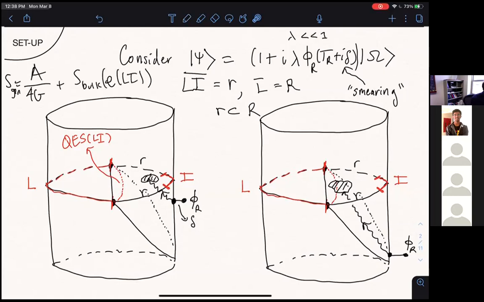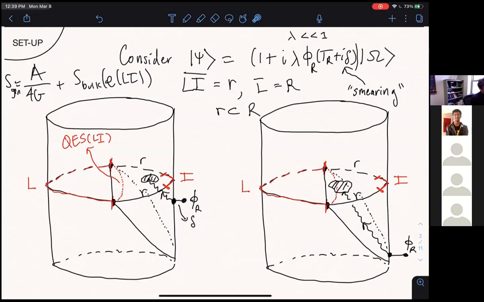So now you extremize this S-gen over all possible E of LI, and the area here is the area of this surface, suitably cut off. There are some infrared divergences, but hopefully this is familiar to most of the people in the audience. If not, the idea is you just take this generalized entropy and you extremize it over all possible dashed red lines, okay?